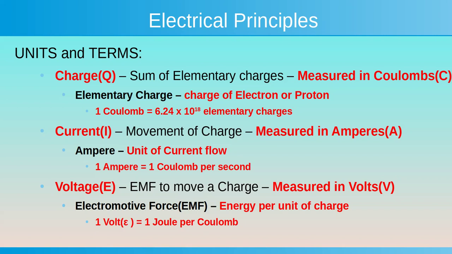And that force is the energy per unit of charge. It's equal to, and I showed epsilon there as how physicists represent the electromotive force, 1 joule per coulomb. And the joule is 1 watt second, I believe. You don't have to know joule. It's not a bad thing to know, but it's not on the exam.